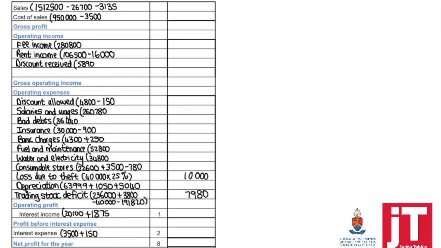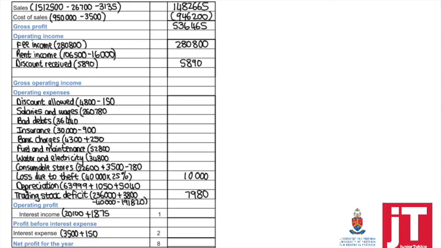So once we're done completing the adjustments, our next step is just to close the brackets and add. In other words, we start with sales. Your total sales minus your total cost of sales equals your gross profit. If we're looking at our operating income, if there is no change, you just close the brackets and that will be your final figure.